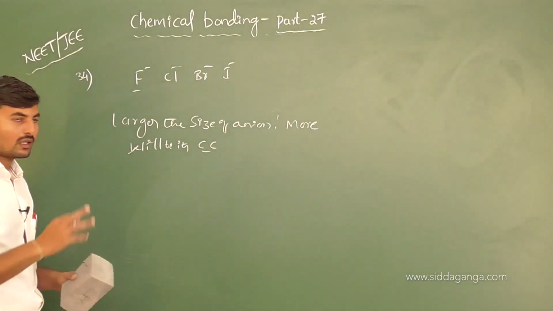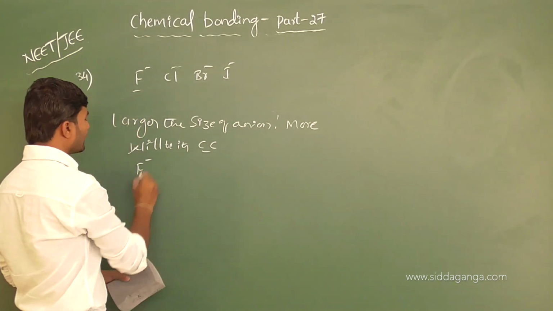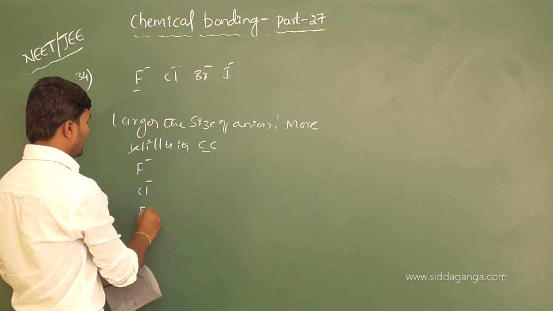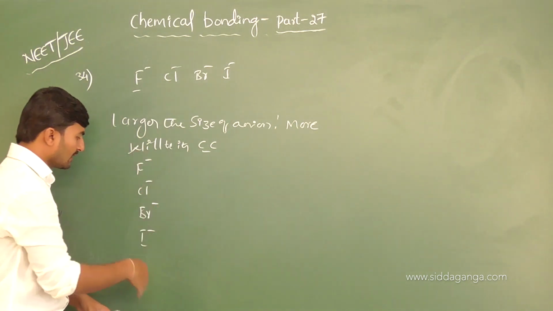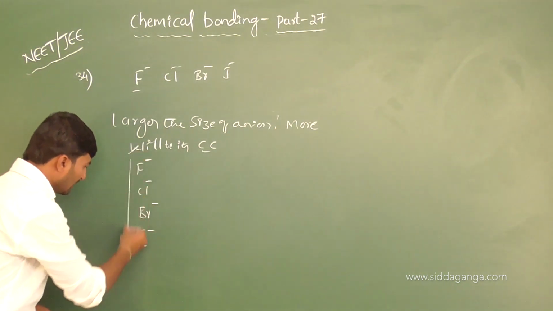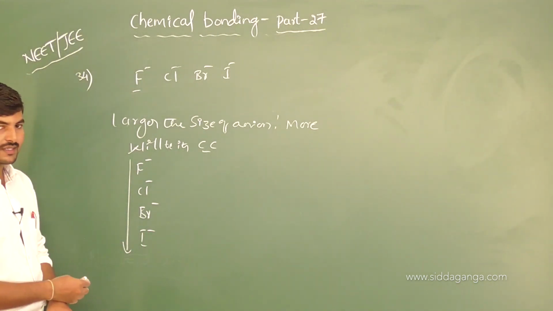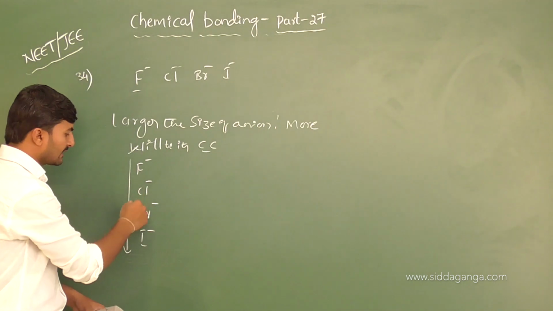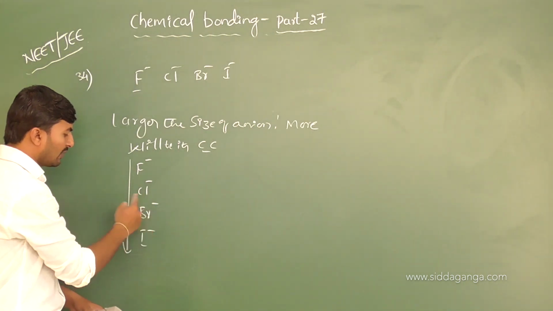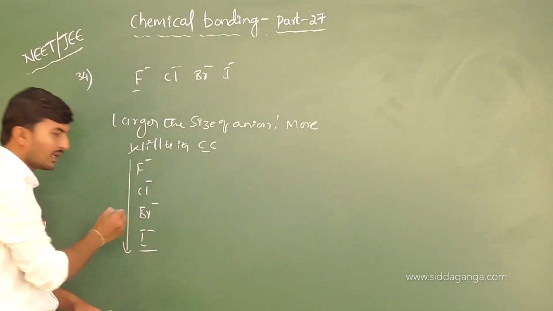Okay, look here, F minus, Cl minus, Br minus and I minus. This is the correct order of representing these 17th group elements. Down the group their atomic size increases. F minus has less size than Cl minus, it has less size than Br minus and Br minus has less size than I minus.